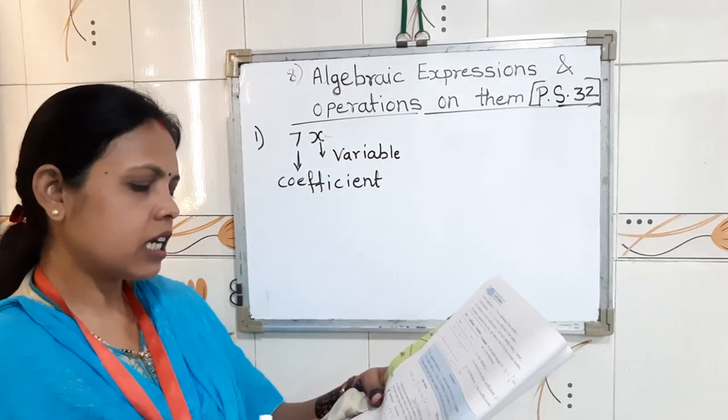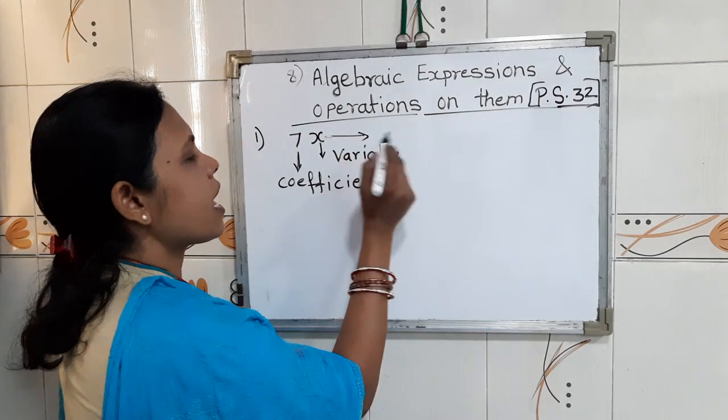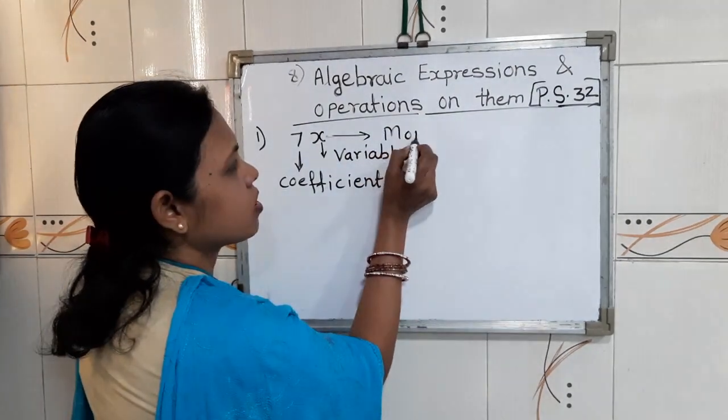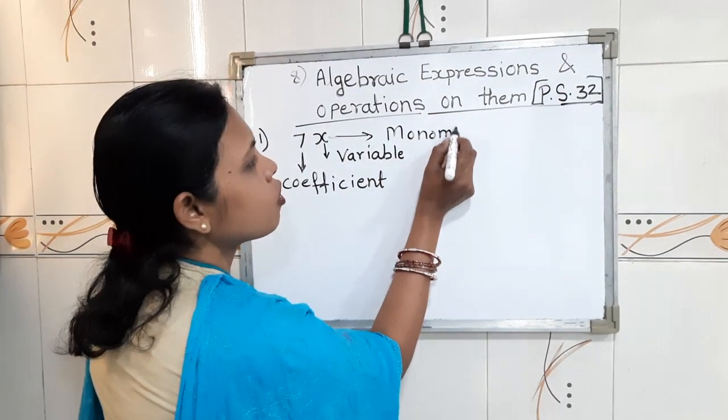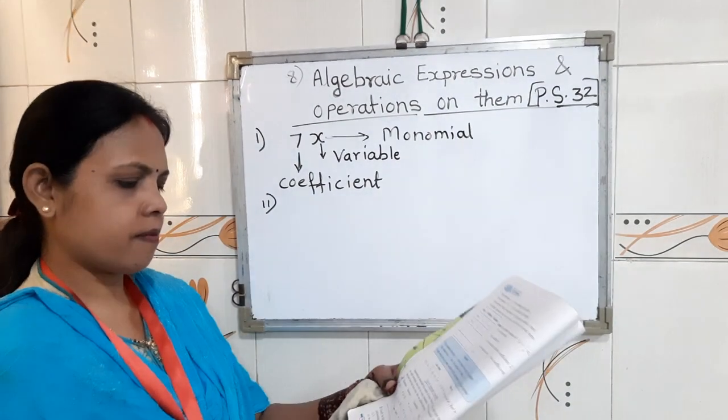So 7x is called a monomial. This one is monomial.